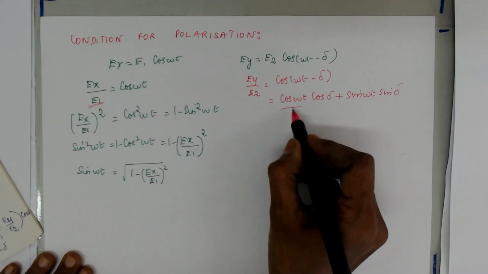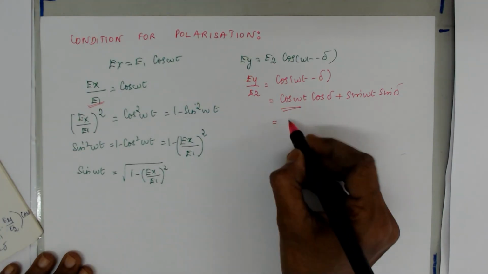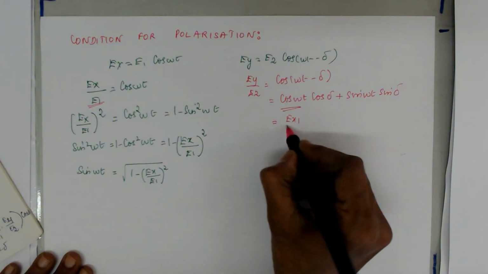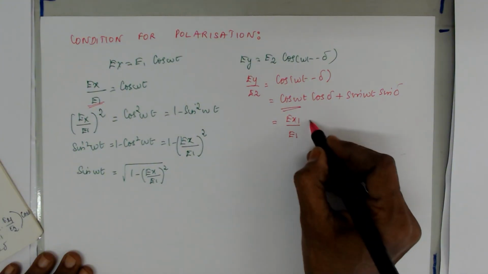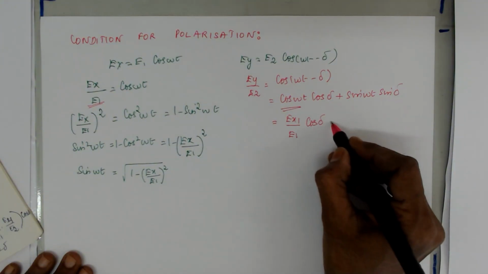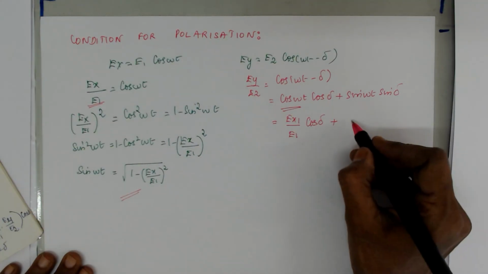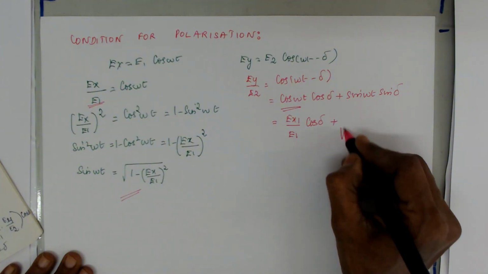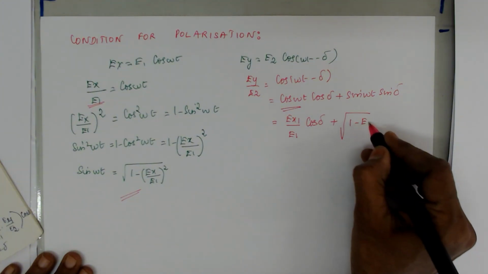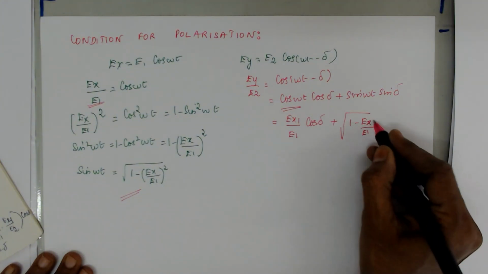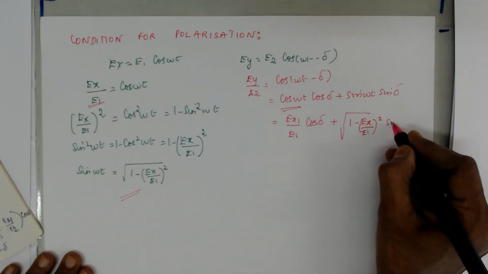So rewriting, this becomes Ex divided by E1 into cos delta plus, instead of sin omega t, square root of 1 minus Ex divided by E1 the whole square into sin delta.